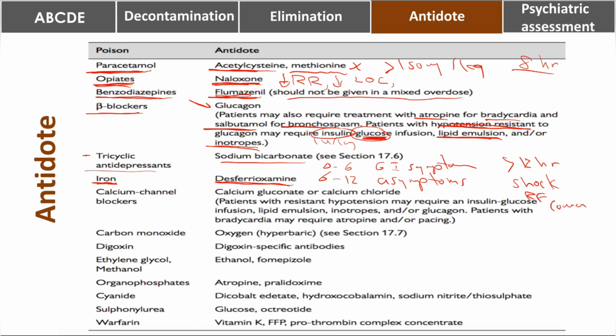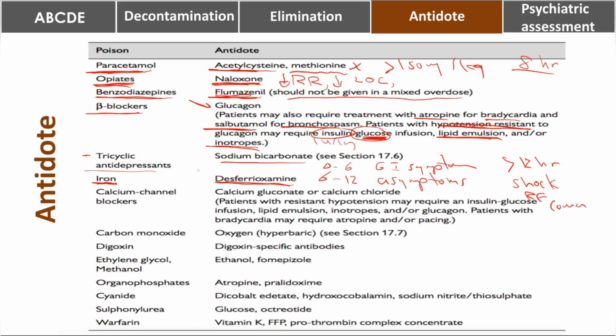So in iron overdose, after a few days, the patient may get gastric scarring, also some strictures in the pylorus. This is usually if the patient has survived.